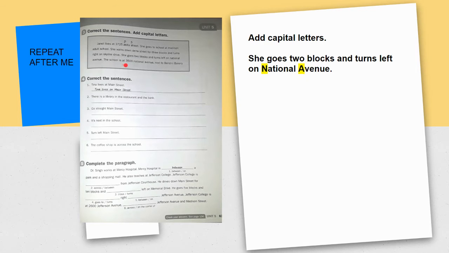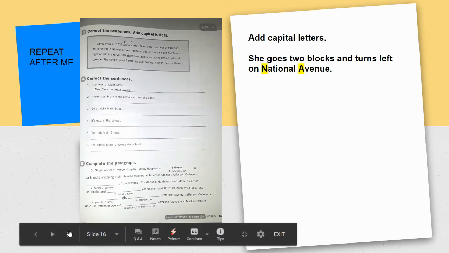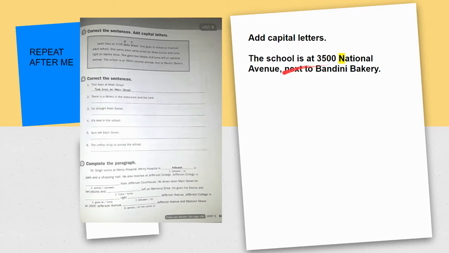The last sentence, the school is at 3500 National Avenue next to Bandini Bakery. The school is at 3500 National Avenue. I forgot to highlight the A here, but the N in National, the A in Avenue, again, it's a street name. And then we've got next to Bandini Bakery, which already has capital letters, as we see here.